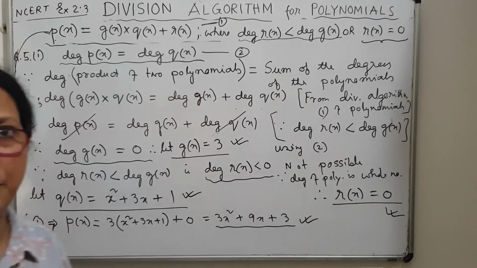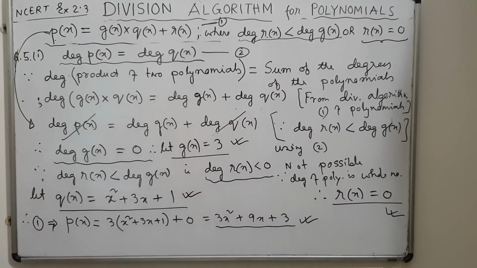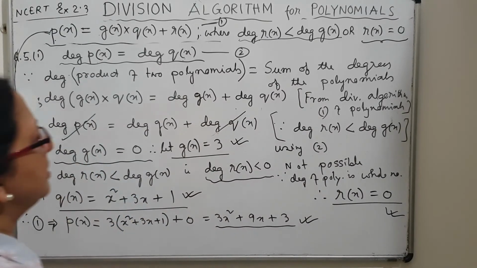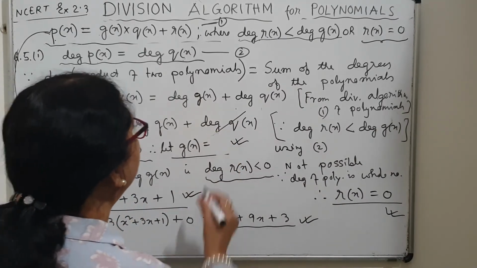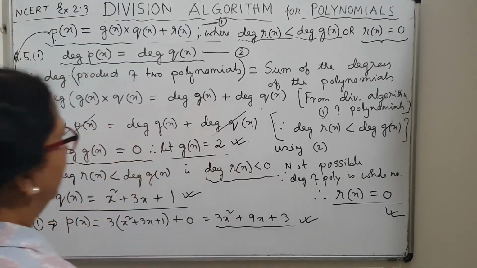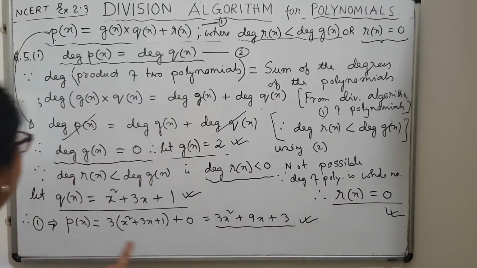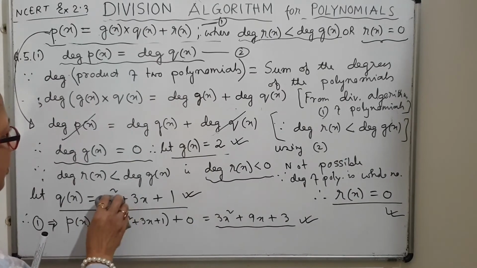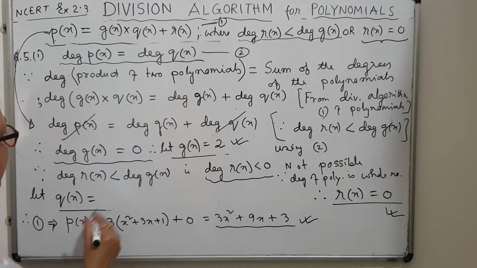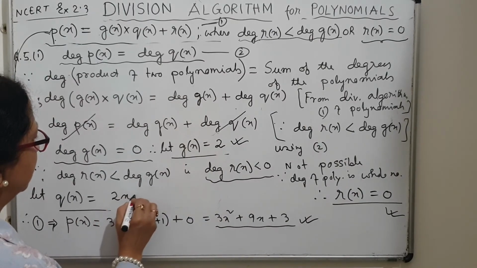Okay, let me give one more example, then the thing will be clear. So another set of examples. This is fixed. So I'm taking a different constant, let me take 2 now. Now I can take a different q(x). So I take a linear one, say 2x plus 3.